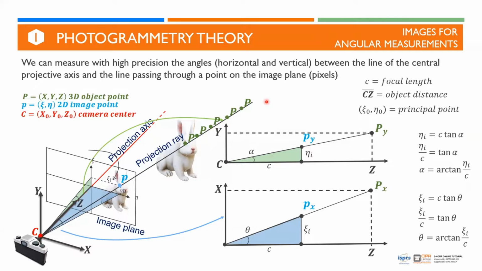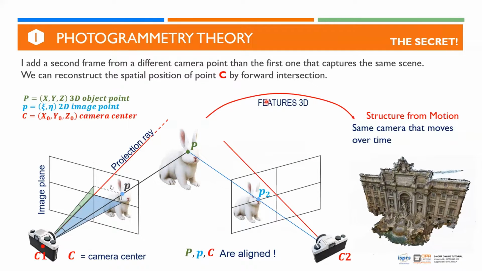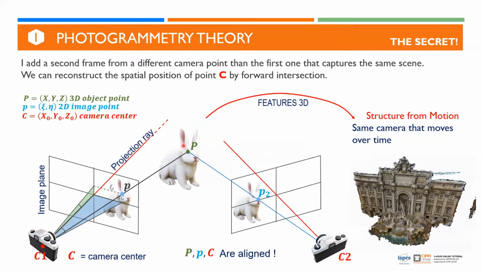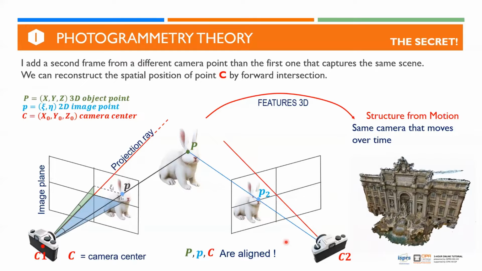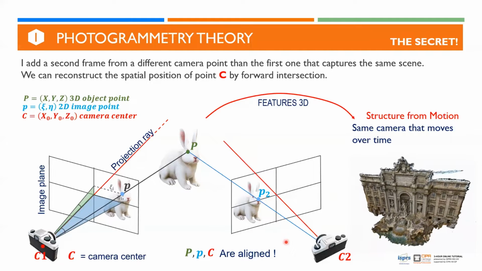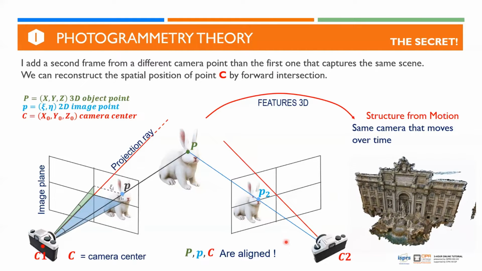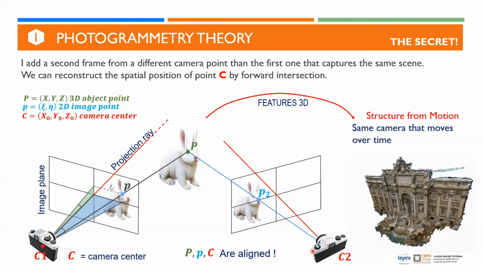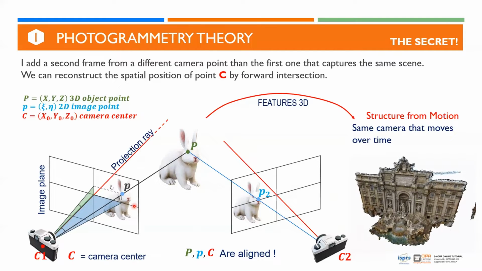So in order to define correctly the position of P, what we need is to have another camera. Pay attention that this is not a stereo camera. This is just a single camera that is moving. So I'm acquiring one image, and then I'm moving to another camera center and acquiring another image. In this way, moving the camera center, I will have two different collinearity rays, and I will be able to correctly detect where my point is.